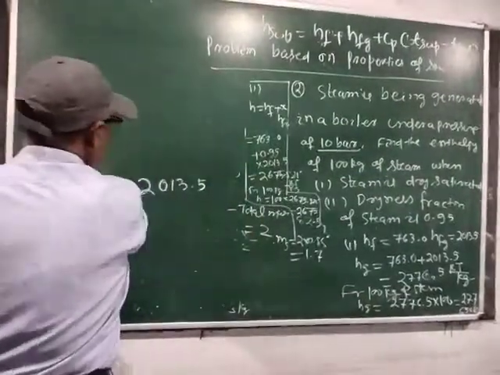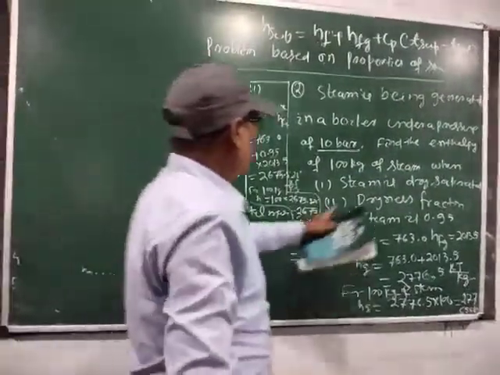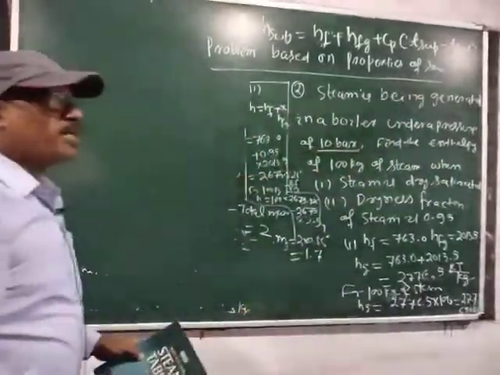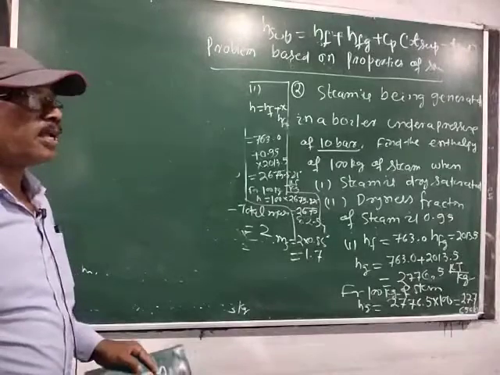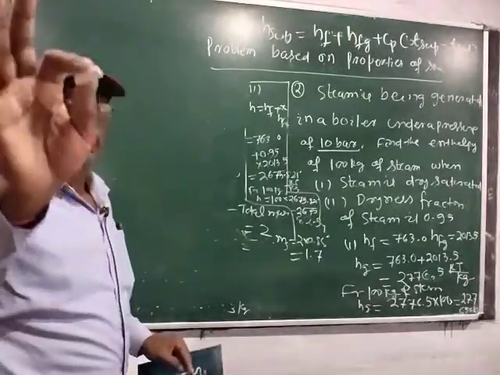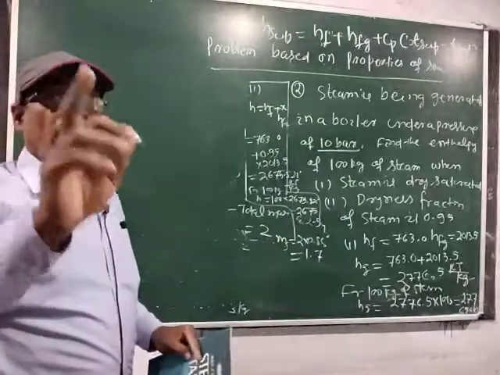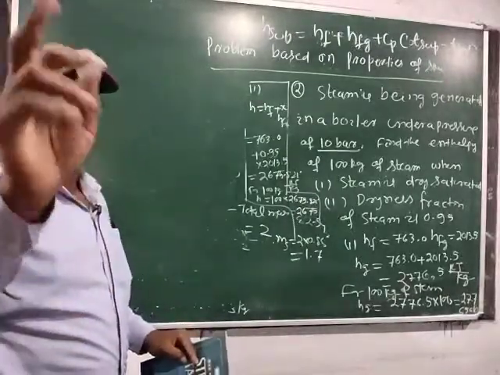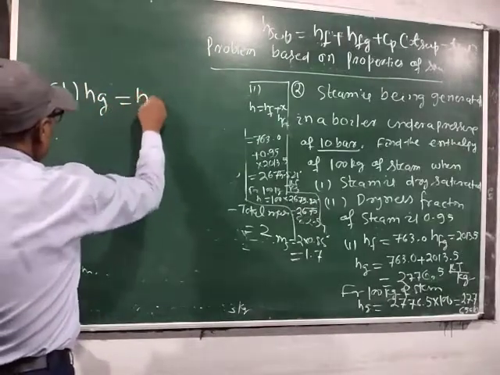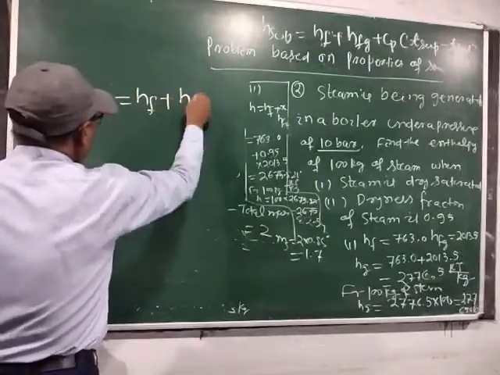First of all, the question: steam is dry saturated. That means when steam is dry saturated, then total heat or enthalpy for 1 kg of steam is given by Hg is equal to Hf plus Hfg.